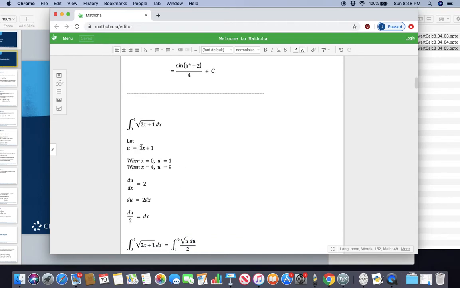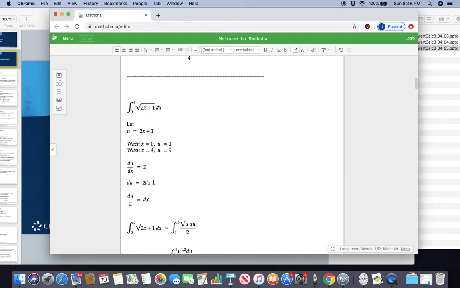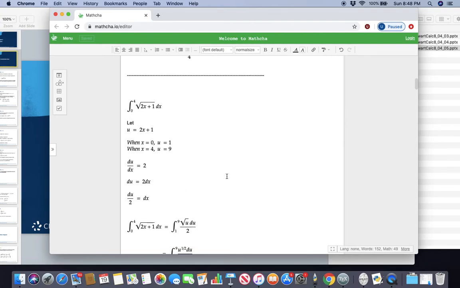Alright, now take the derivative. du dx is 2. That means du is 2 times dx. But I don't want a 2 outside. I simply need a dx. So dx is du over 2.